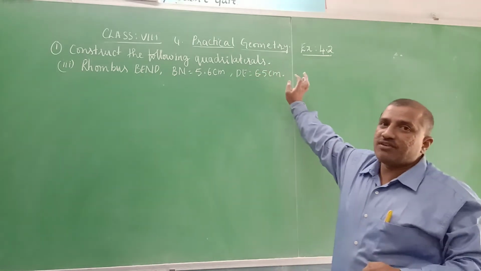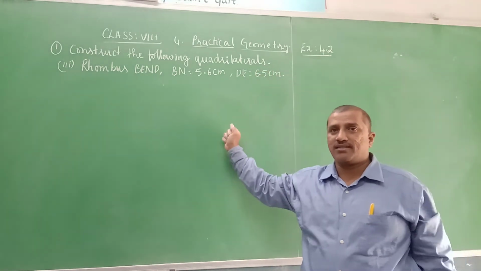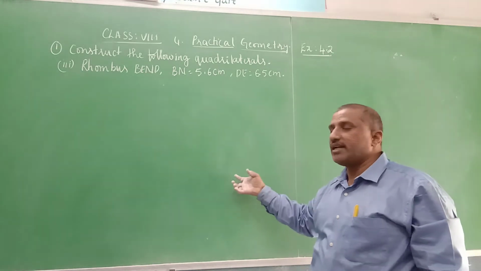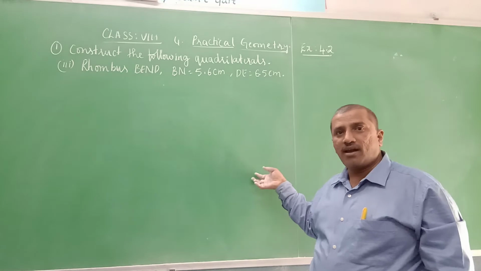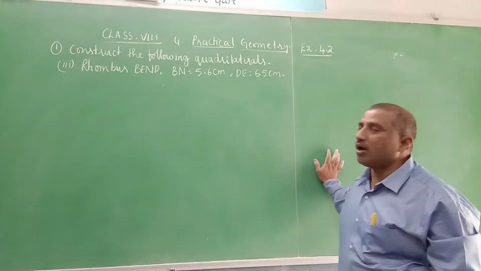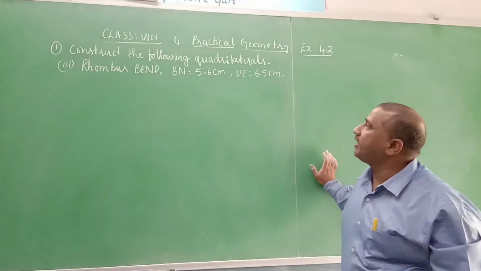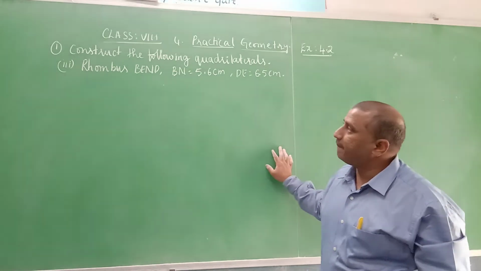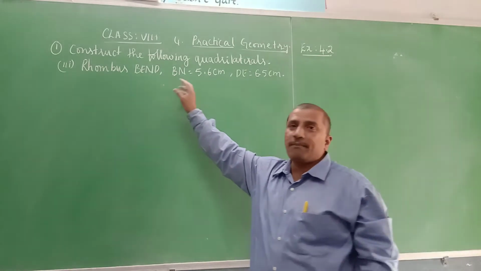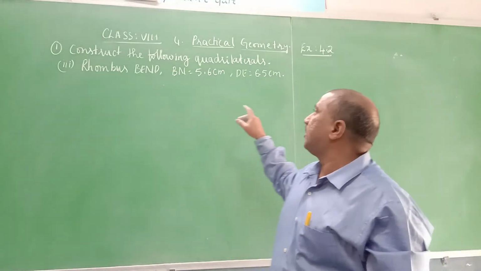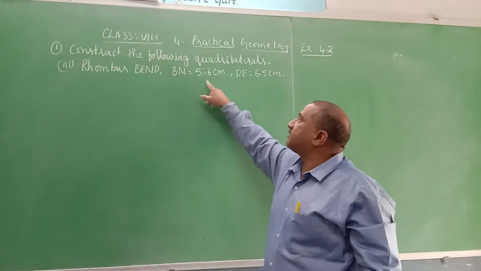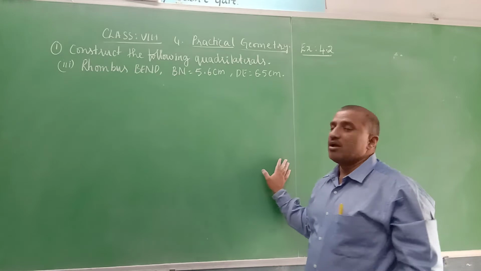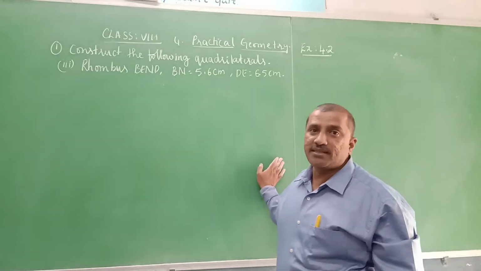Three parts are there. The first and second are direct quadrilaterals. You can construct them just like the previous construction we did, the quadrilateral ABCD. In a similar way you have to do these two questions. Now the third part is a rhombus. Construct a rhombus BEND in which BN is equal to 5.6 centimeters and DE is equal to 6.5 centimeters.